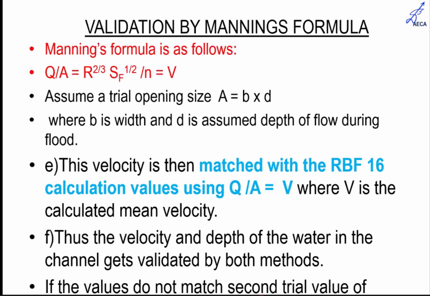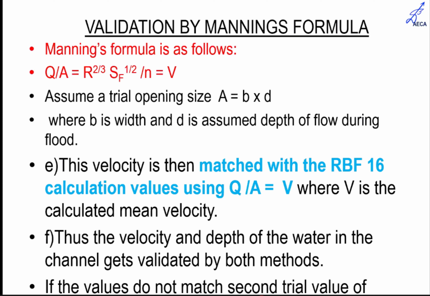Now, going beyond RBF 16, what we did is validate this discharge using the Manning formula. What is the Manning formula? It is basically Q by A equals R raised to 2 by 3, times square root of S, divided by N. R is the hydraulic mean radius, S is the slope, and N is the roughness coefficient.